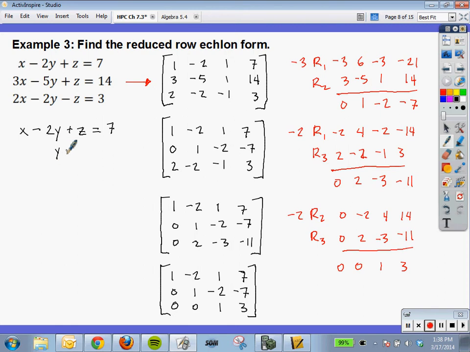And then we have 1y minus 2z equals minus 7. And then we have a 0x, a 0y, and then a 1z is equal to 3. So that's what our row echelon form represents there. Okay?